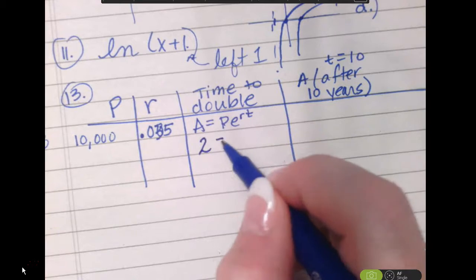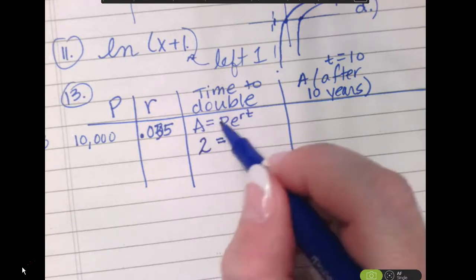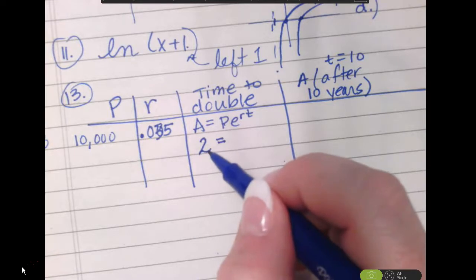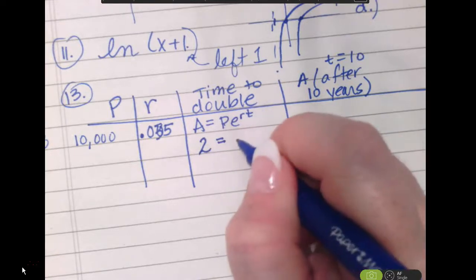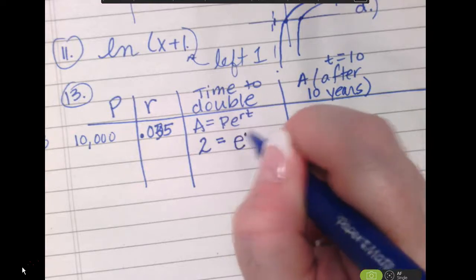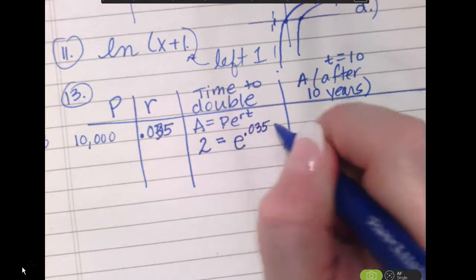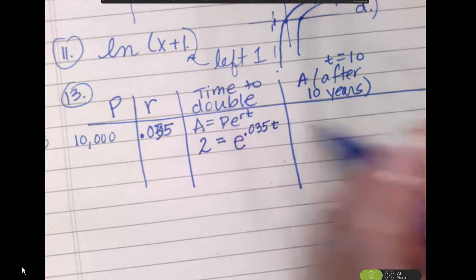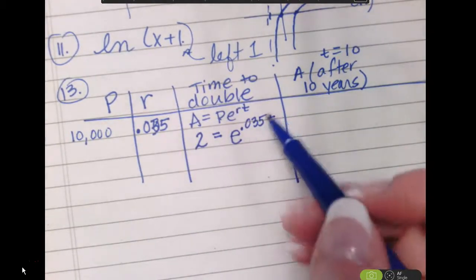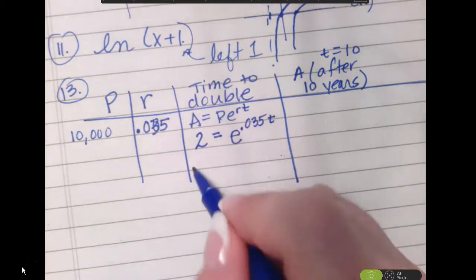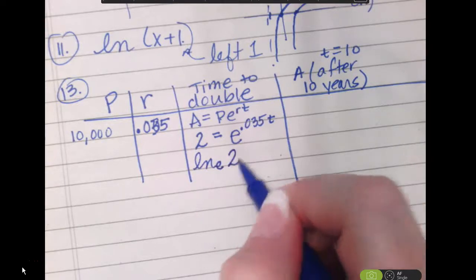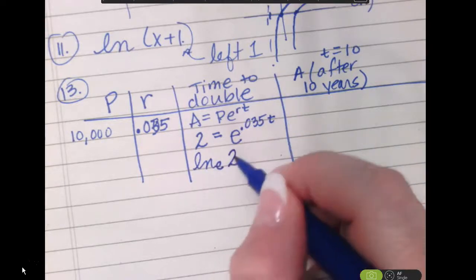So remember, we did some problems like this where we divided 20,000 by 10,000. So this 2 right here signifies doubling. So 2 equals e^(0.035t). So now t is my only variable there, and I would want to use my log trick. So the natural log of e to the 0.035t equals the natural log of 2.